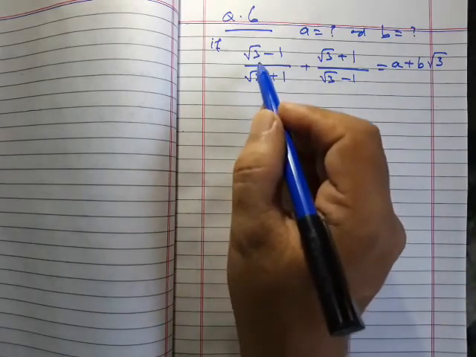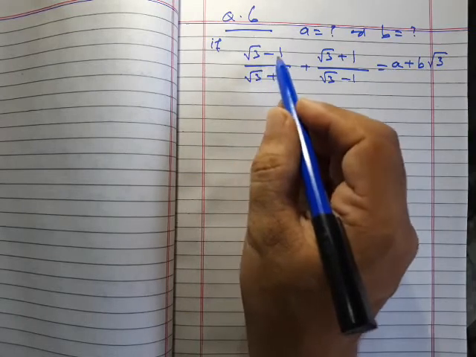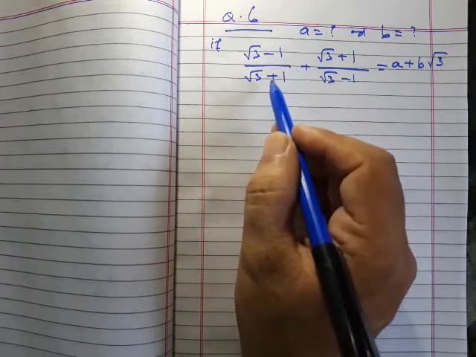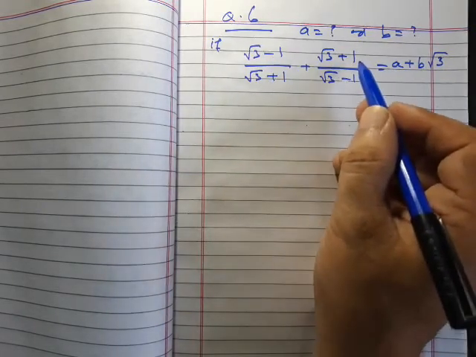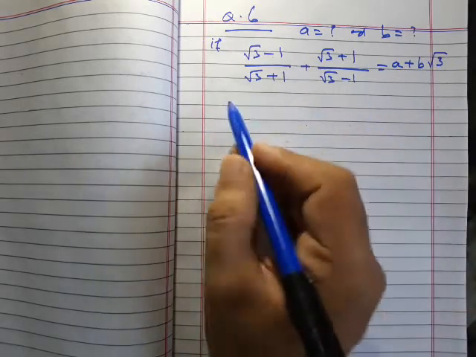In a similar way, you will have to rationalize under root 3 minus 1 over under root 3 plus 1 and under root 3 plus 1 over under root 3 minus 1.